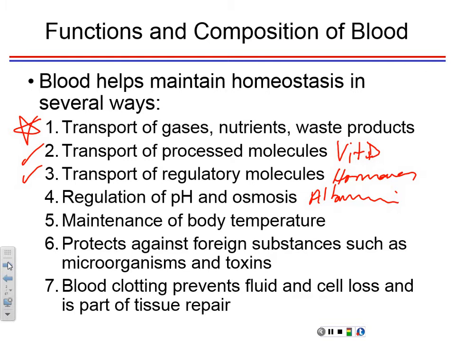Blood also transports carbon dioxide, and that was in the module too. One of the ways that carbon dioxide is transported is dissolved in plasma, which is an aqueous environment. H2O plus CO2 equals H2CO3, which is carbonic acid, and then it dissociates to bicarbonate ions and H plus.